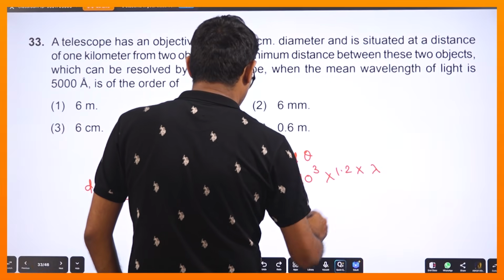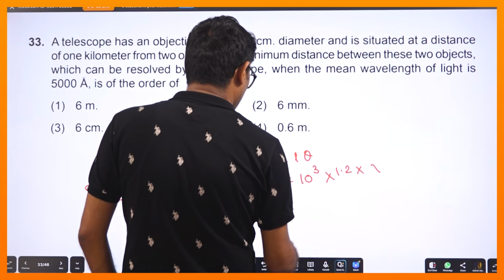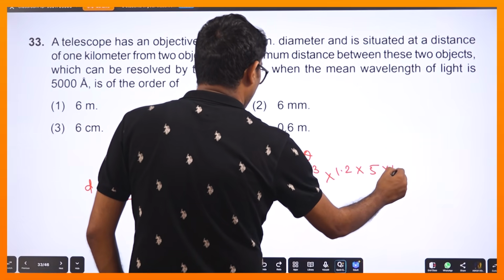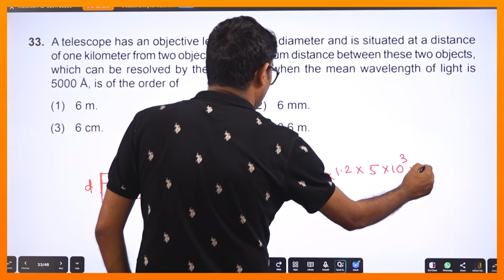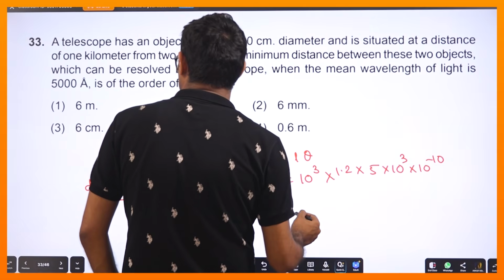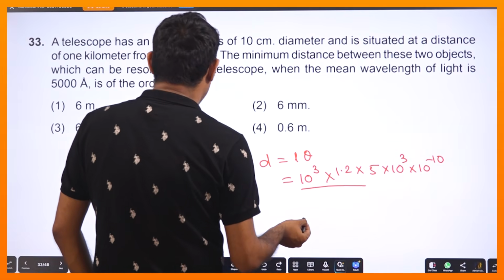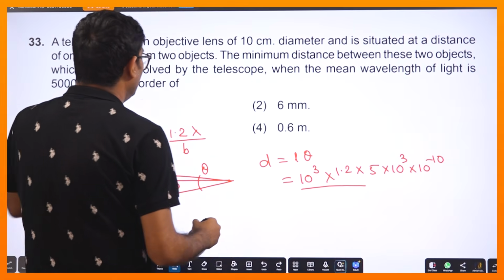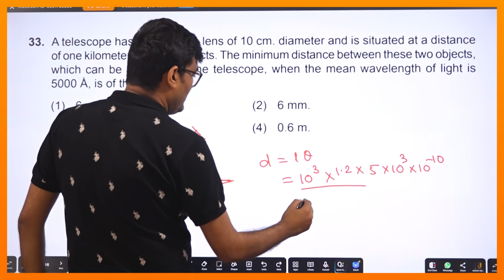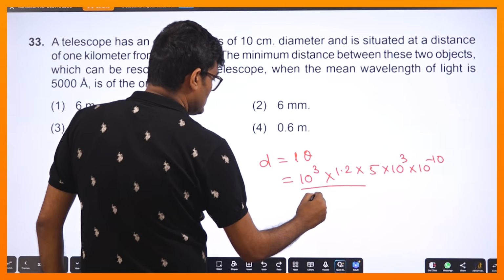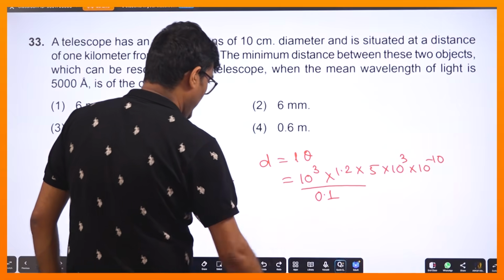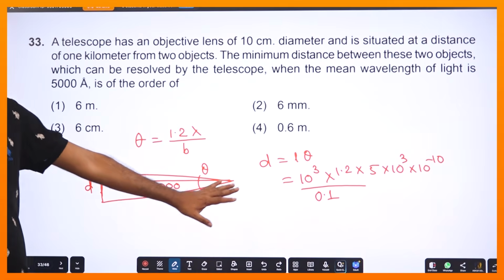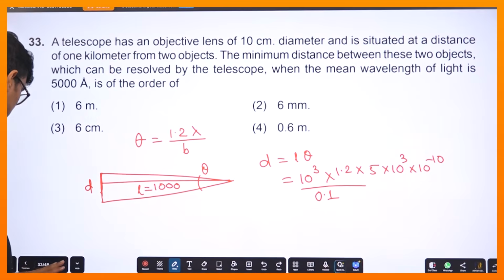You convert it, so it is 5 into 10 power 3 into 10 power minus 10 meter, divided by b. b is the diameter of the lens, it is 10 centimeter, so 0.1 meter. I'm leaving this for your calculation. You can calculate this and get your answer.